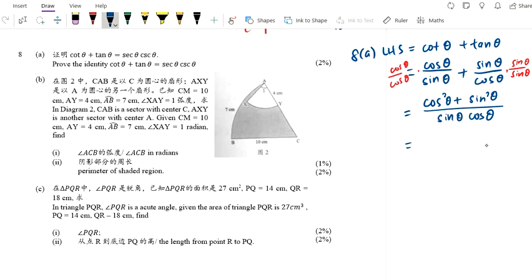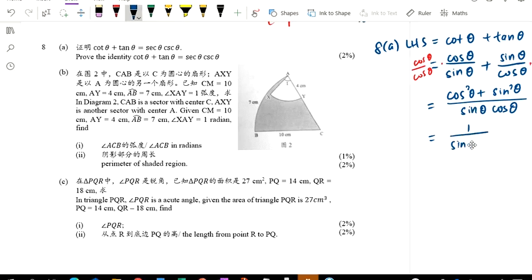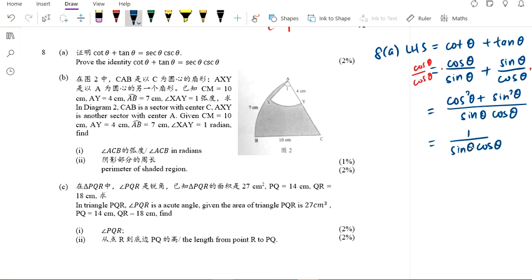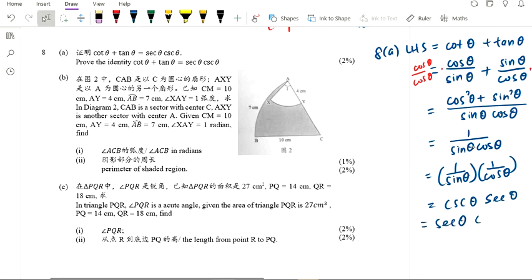So this is actually your basic identity: sine squared theta plus cos squared theta equals 1, over sine theta cos theta. And it is 1 over sine theta times 1 over cos theta, which is cosecant theta secant theta, which is secant theta cosecant theta, equal to the right hand side. Proven. Okay, it's very easy.